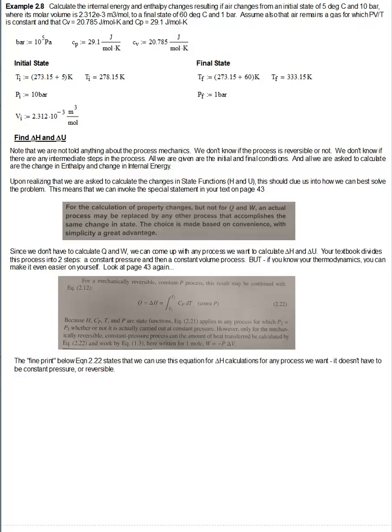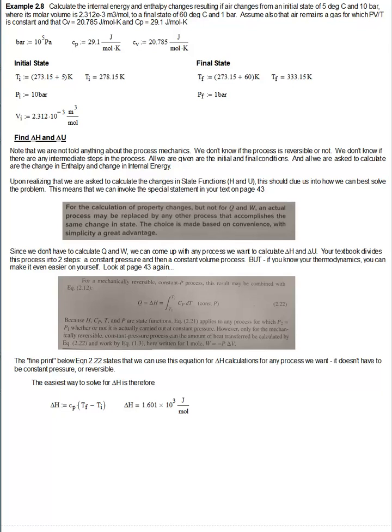The easiest way to do this is just to calculate delta H equal to the integral of Cp dT. Cp in this problem statement is constant, so we can pull it outside the integral. We integrate dT from T1 to T2, and that's just delta T. And so the delta H for this entire process, going from our initial conditions to our final conditions, is 1601 joules per mole.